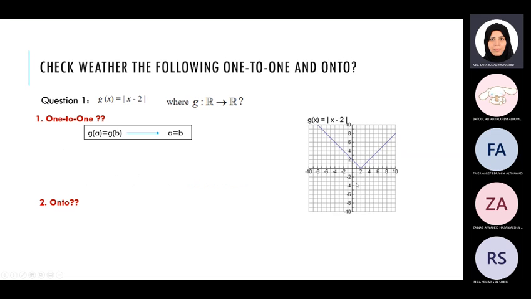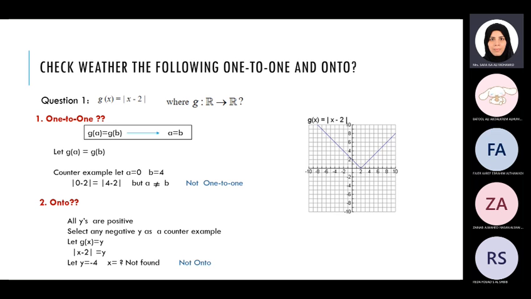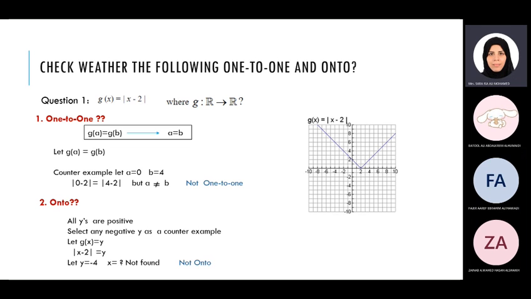All the values here are not related to any value on the x-axis. That means this is not onto also. So the absolute and the quadratic are treated the same if they are from R to R. If I just change the codomain to R plus union 0, it automatically becomes onto, because I don't care about the negative values, they are not in my codomain.